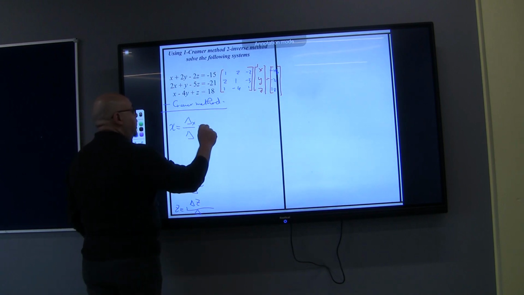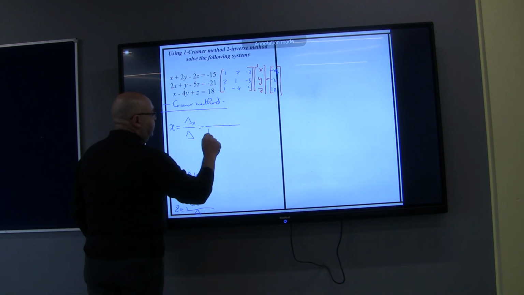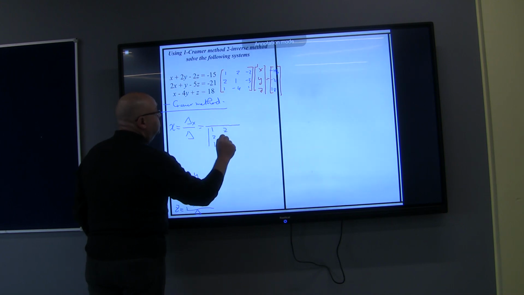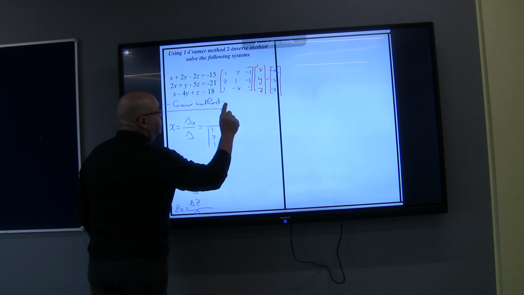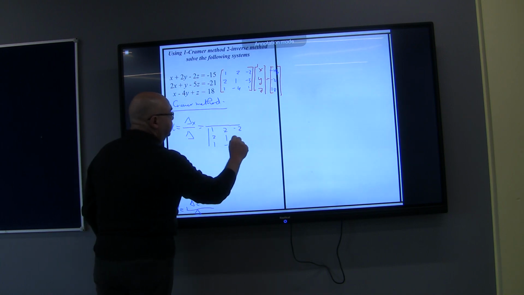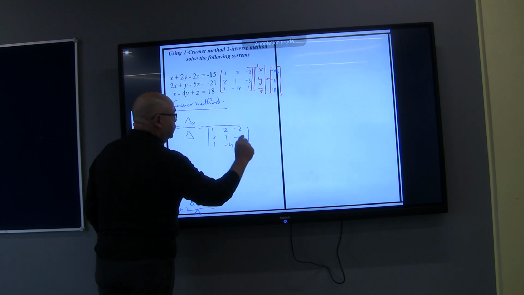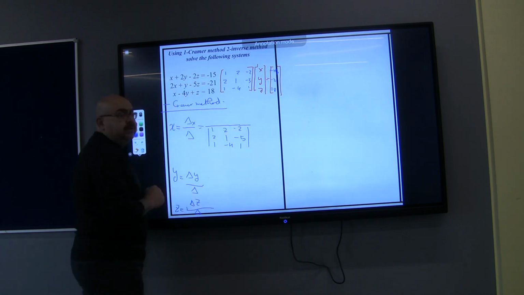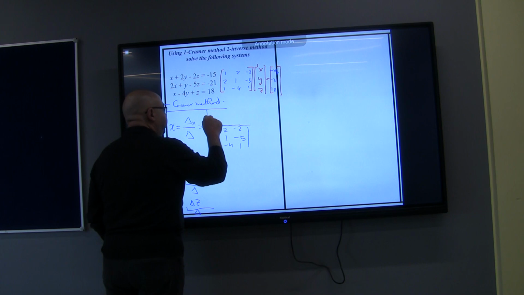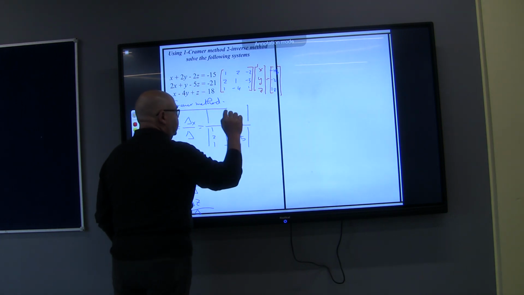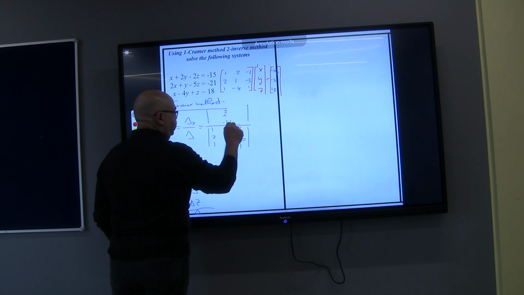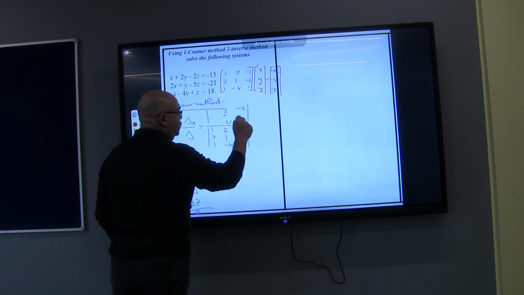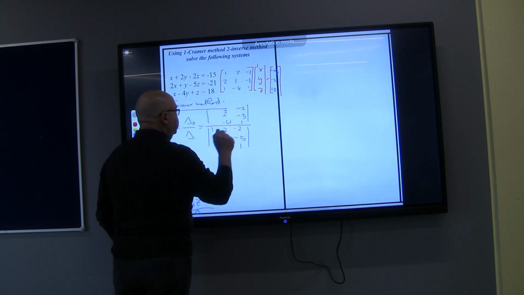Let's start with delta x. So all you have is 1, 2, and 1, 2, 1, negative 4, and then you will have negative 2, negative 5, and then 1. This is for the denominator determinant. In a similar manner for the denominator, it will be exactly the same: 2, and this is 1, negative 4, and this is going to be negative 2, negative 5, and 1.